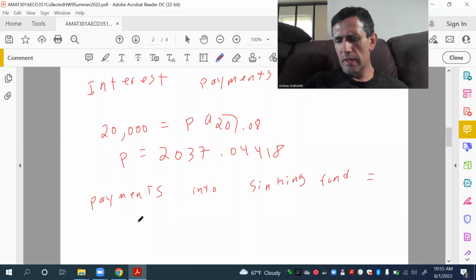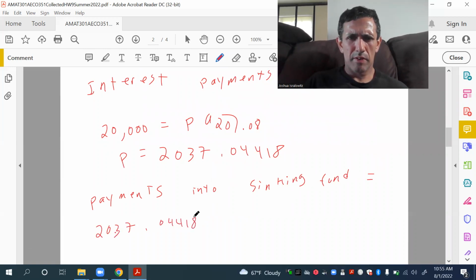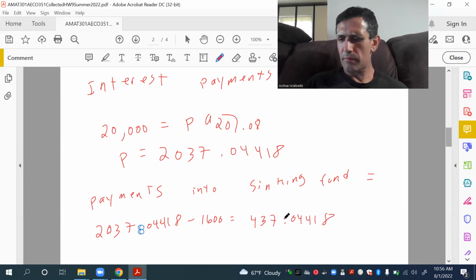So at the end of each year, it's 2,037.04 minus 1,600, which is 437.04.